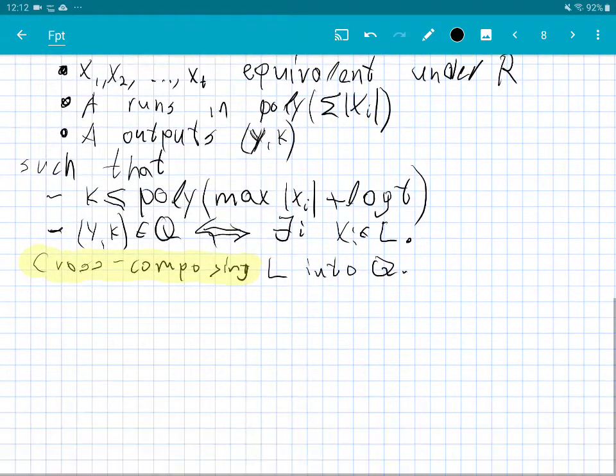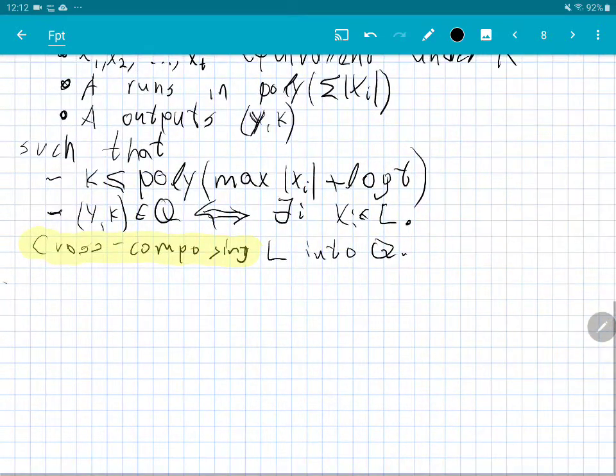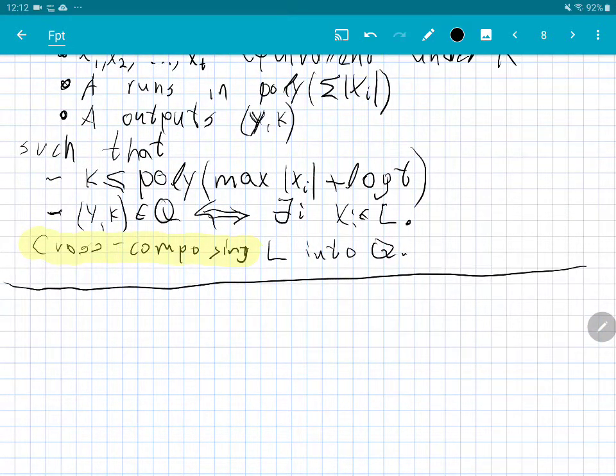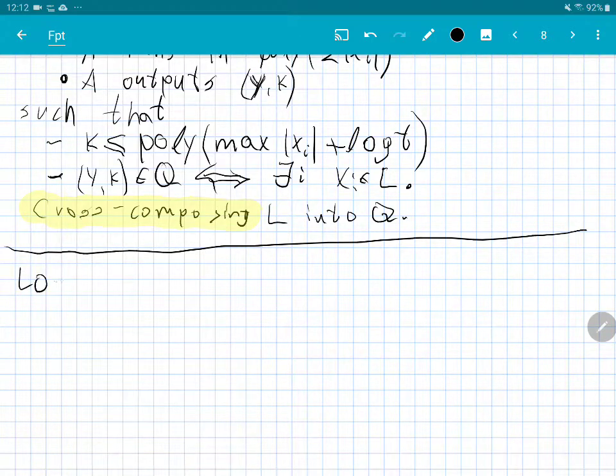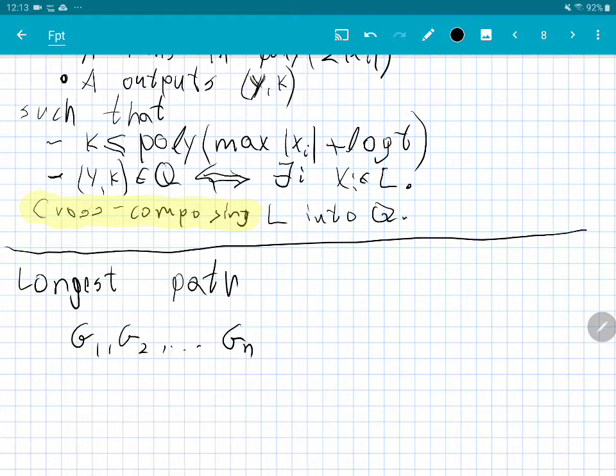Let's see maybe an example of this cross-composability. A natural example would be longest path, which of course is an NP-hard problem. You're going to give me graphs G1, G2, up to Gn, and let's assume that they are all equivalent under my equivalence relation. My equivalence relation here would be that the number of vertices is the same, the number of edges is the same, and the longest path we are looking for is the same length.